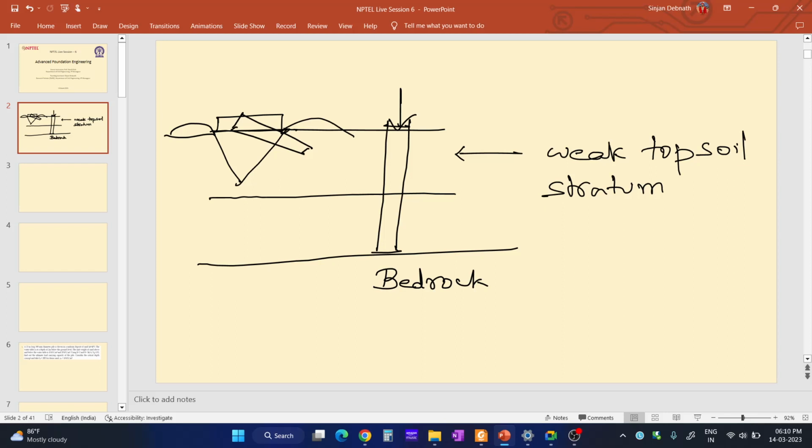So the superstructural load coming from the top is transferring to the bedrock through the tip of the pile. This is the tip, and this one is the head of the pile. Head is above and tip is below. So load is acting through the pile, and it is transferring to the bedrock through the pile tip.